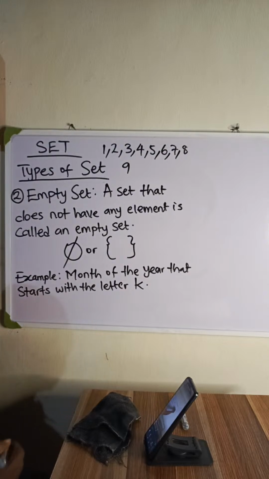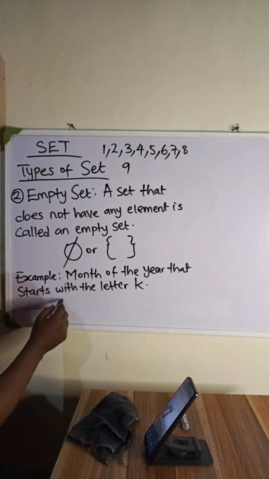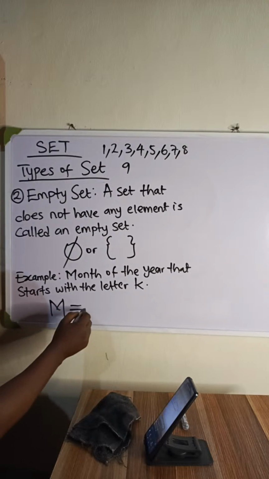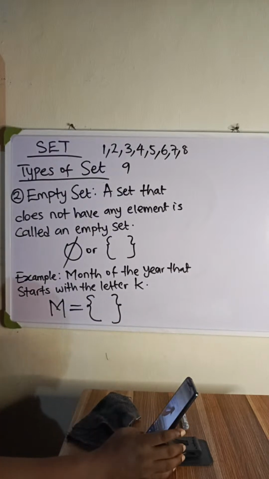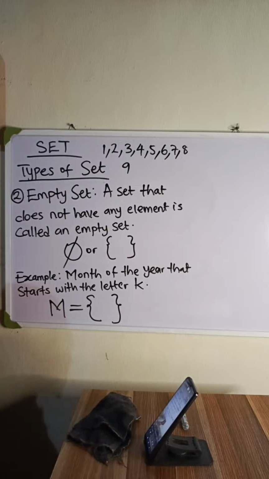So that is an empty set, because there's no month of the year that starts with the letter K.